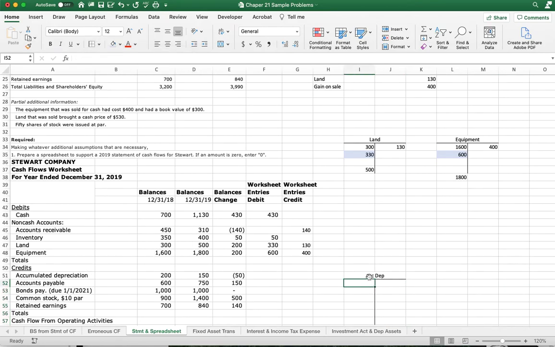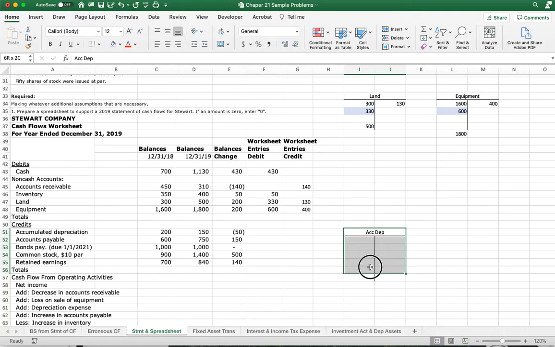And I'm just going to copy this one before we put the numbers in it because we're going to need one, I think, for retained earnings.